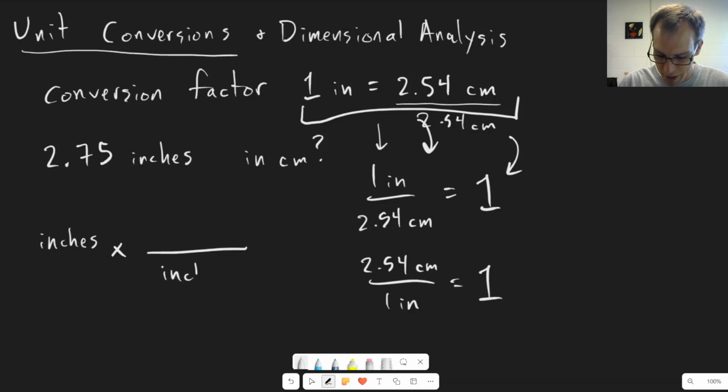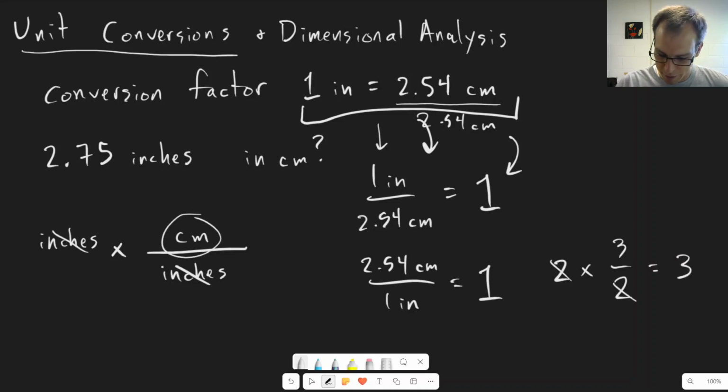If we have inches on the bottom and centimeters on the top, without putting numbers here yet, we can think about our inches as a thing that can cancel out. Much like if we were multiplying, say, 2 times 3 halves, right? These 2's can cancel out, and that'll just give me 3. In this case, it's our centimeters that are left behind, and our final value will be in centimeters.